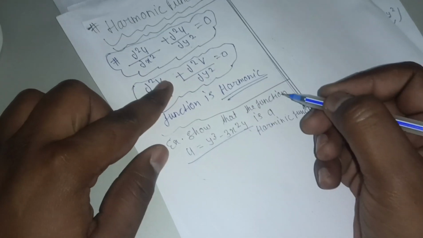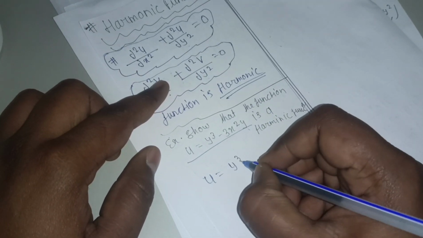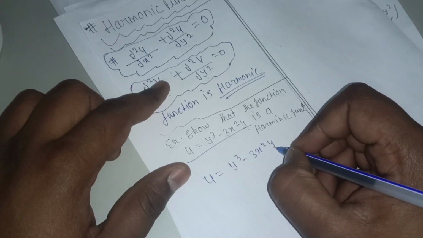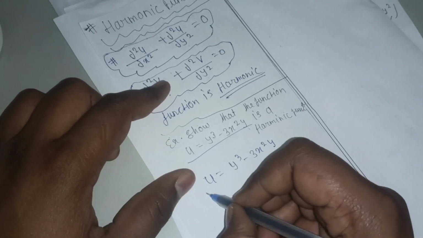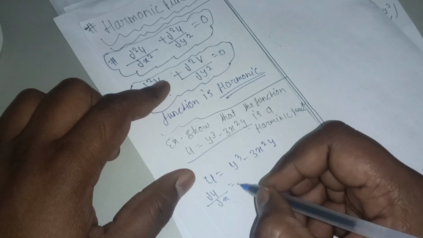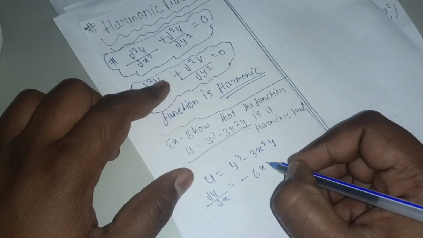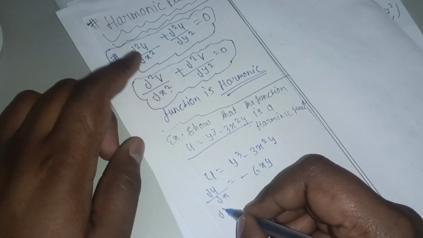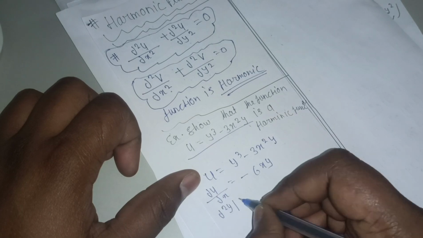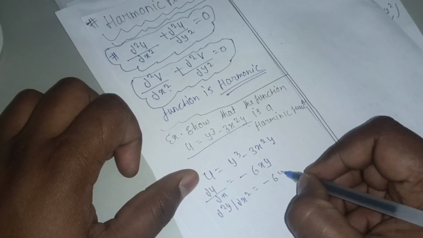So see what we have given. u is given as y cube minus 3x square y. So del u by del x first. This will be 0 and minus 6xy. Again, del square u upon del x square is equal to minus 6y.